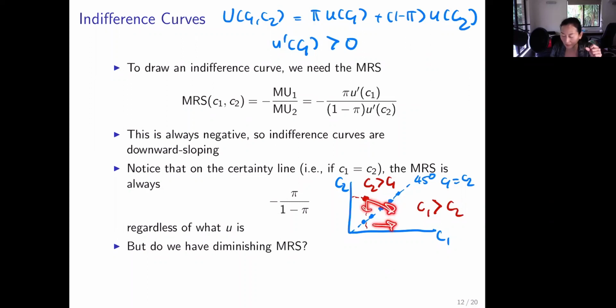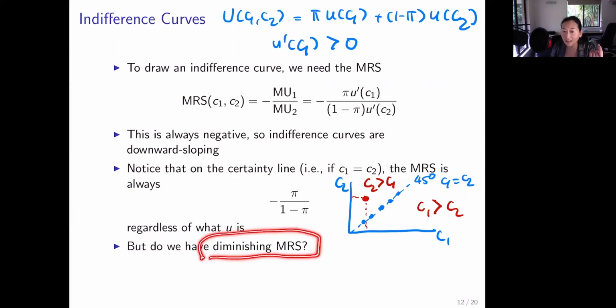The further you move down here, the more C1 you consume and the smaller and smaller C2 you have. So the diminishing marginal rate of substitution says that if you increase one consumption, the reduction of the other good that you have to sacrifice will become smaller and smaller, because you have so much of this good, whereas you have less and less of the other. So you would want to sacrifice less and less of C2, and that is diminishing marginal rate of substitution.